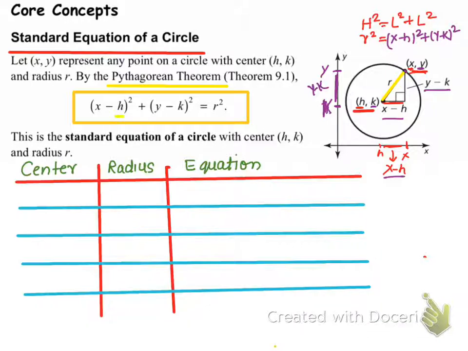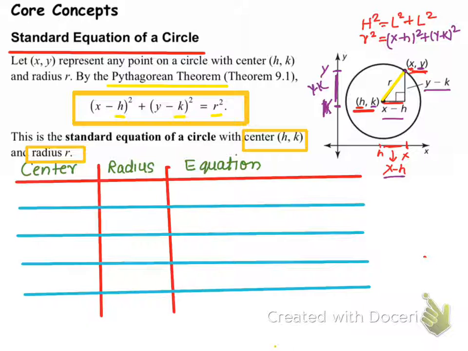You have to substitute h, k and r, where h k is the center and r is the radius, and that's called the standard equation of a circle. So you don't have to do a lot of complicated stuff. I explained how to get the formula, but here you simply remember x minus h whole square plus y minus k whole square equal to r square.